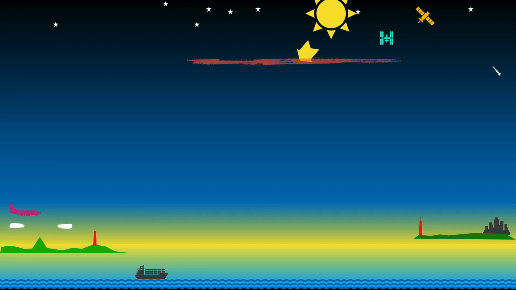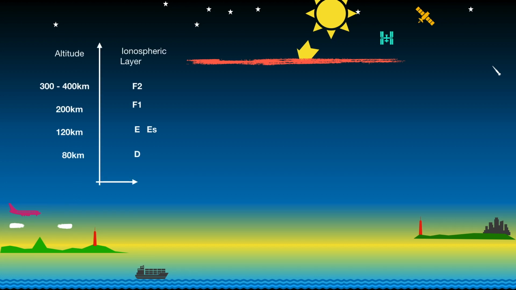So the sun's come up and a layer starts to form and become ionized, and we've shown it there on the graphic. First thing in the morning, it'll form, there won't be much ionization because we've just left night, and these layers are very temporary and transient in nature, and after the sunlight stops, they fizz away and disappear.